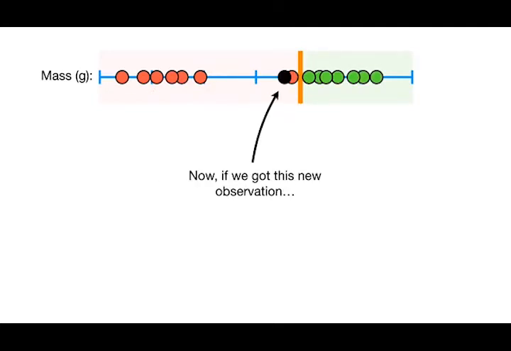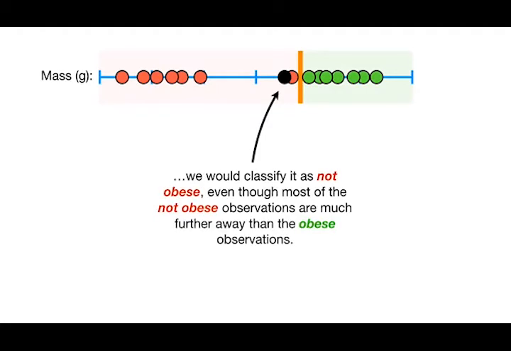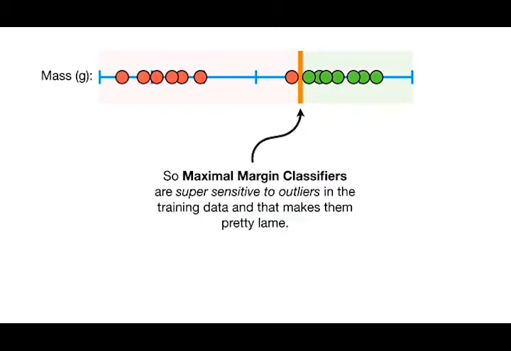Now, if we got this new observation, we would classify it as not obese, even though most of the not obese observations are much further away than the obese observations. So maximal margin classifiers are super sensitive to outliers in the training data, and that makes them pretty lame.